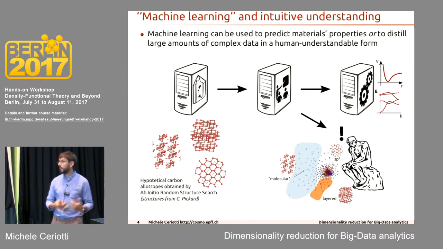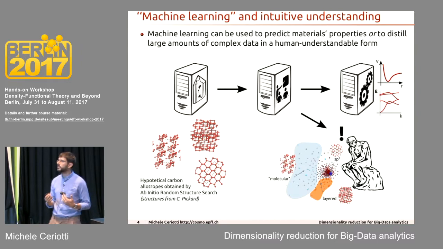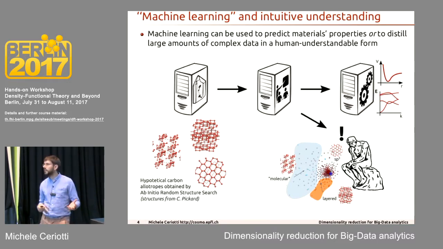And I'm sure, having seen the list of speakers and the titles of talks, that you have seen many of these kind of applications thus far. And at this point I used to say that I'm actually more interested in trying to extract some more intuitive understanding from the data, without necessarily trying to predict the properties, but just, for instance, classifying a large amount of complicated structures into classes automatically.